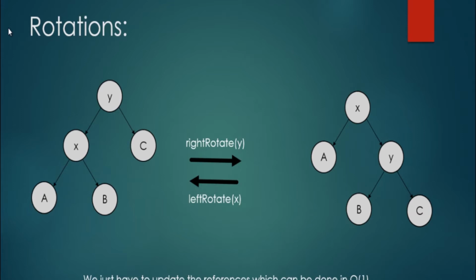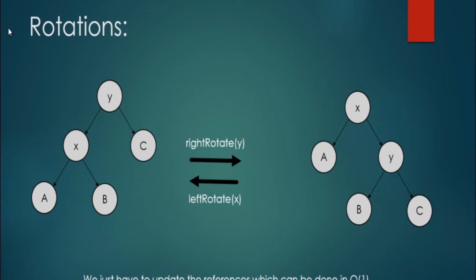So the rotation operation itself is the same. We can make a right rotation or a left rotation, and this illustrates how the subtrees are changed. And we just have to update the references, which can be done in constant time complexity, and that's why these rotations can be done very, very fast.